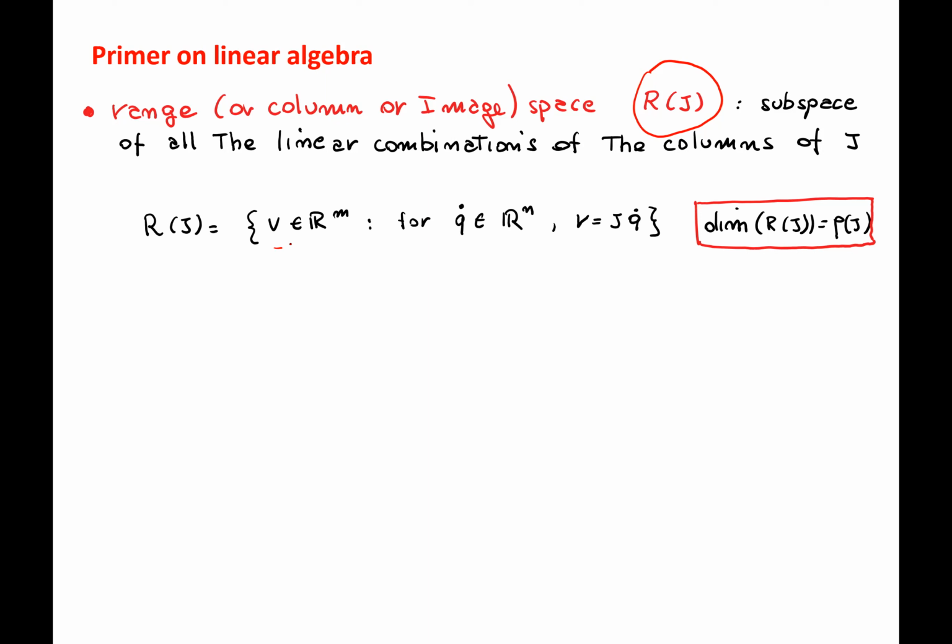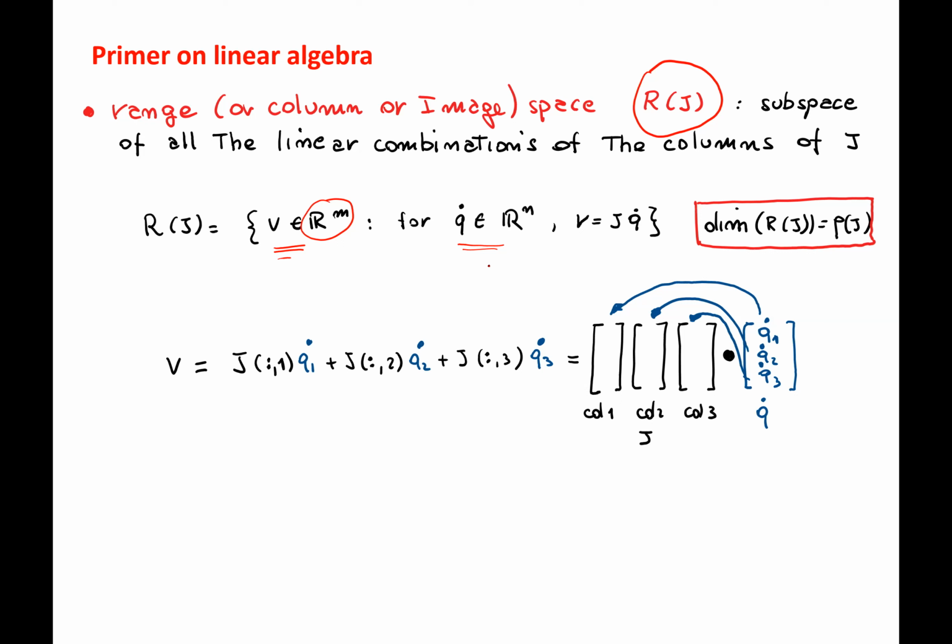The range space is the set of task velocities that live in the task space for which we have a certain joint velocity associated. If we think about a vector of joint velocities like q1 dot, q2 dot, and q3 dot that we pack here, each column is multiplied by these joint velocities, and we have a linear combination of the columns.